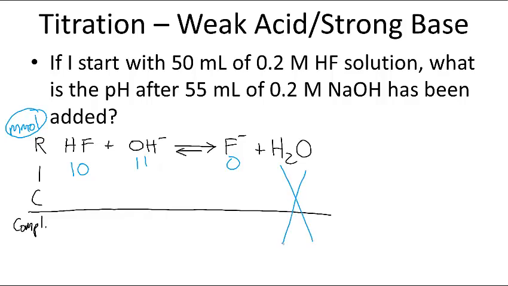So what has changed now from my earlier? Now HF is limiting. So what's the change going to be? Minus 10, minus 10, and then plus 10 of these. All right, so I end up with 0 HF, 1 millimole of OH minus, 10 millimoles of F minus.